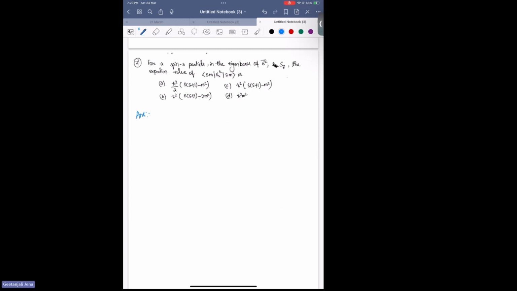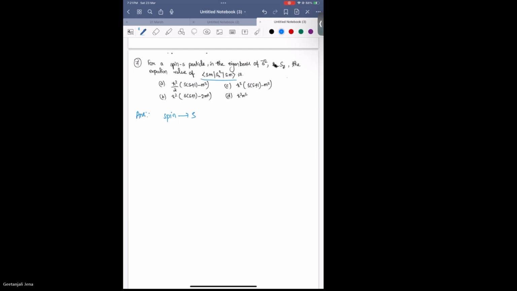So the next problem is a similar kind of problem. It is given for a spin S particle. So the spin of the particle is S. For a spin S particle, in the eigenstates of S square and Sz, what is the expectation value of Sx square?